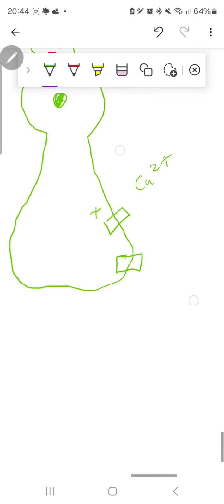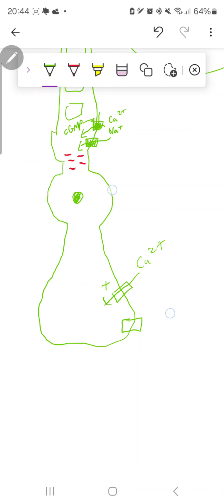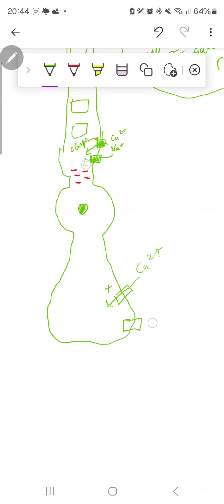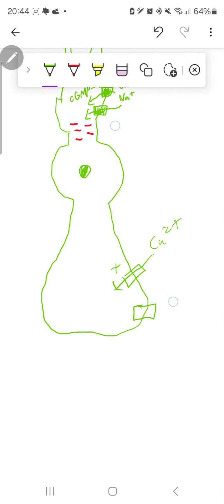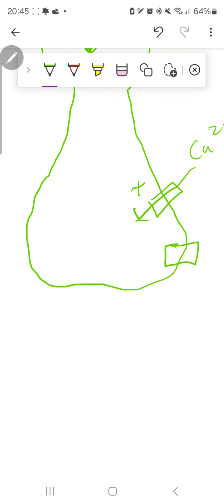And we have more calcium on the outside of the cell than the inside. So calcium would have gone into the cell like that. But light causes the photoreceptor to become more negative. So calcium won't enter the cell. And this calcium will also not trigger the release of neurotransmitters, which it normally would do.